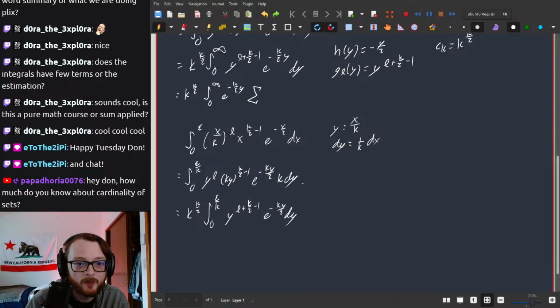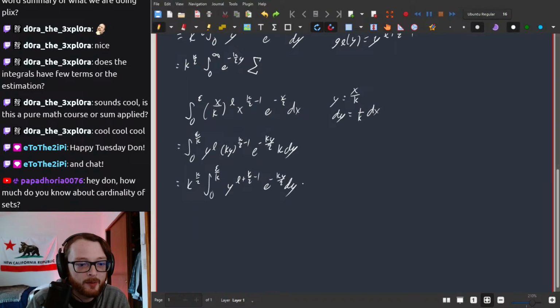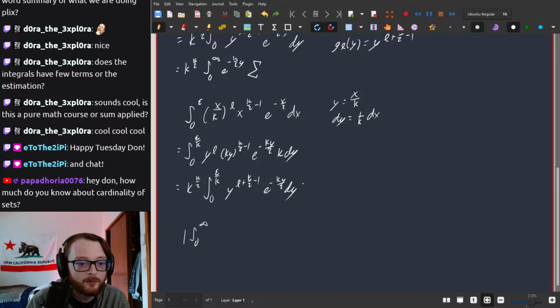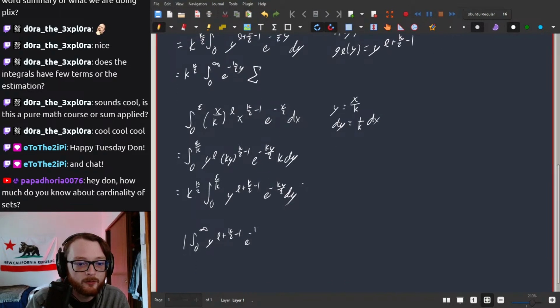K is going to infinity. We're integrating in y, but k is going to infinity. e to the minus k over 2y dy.